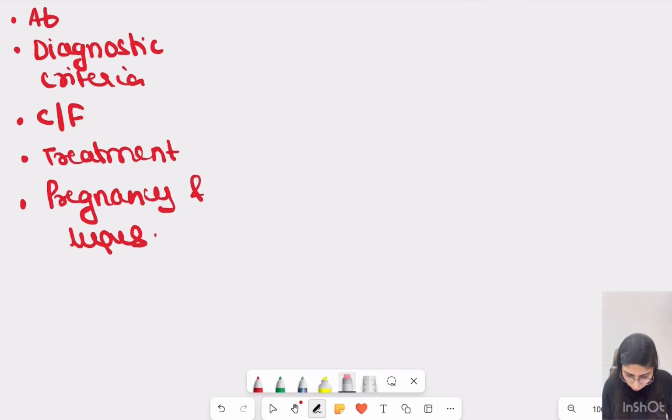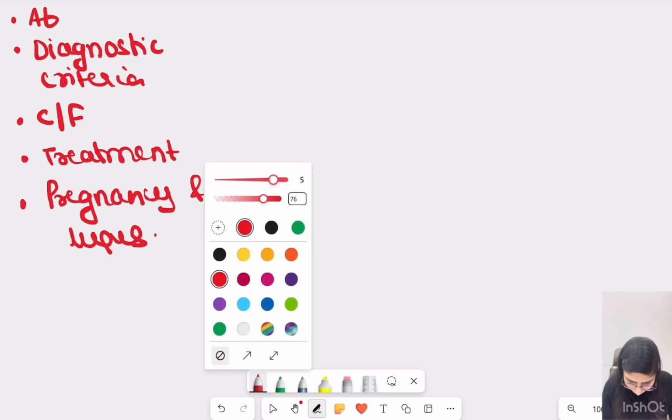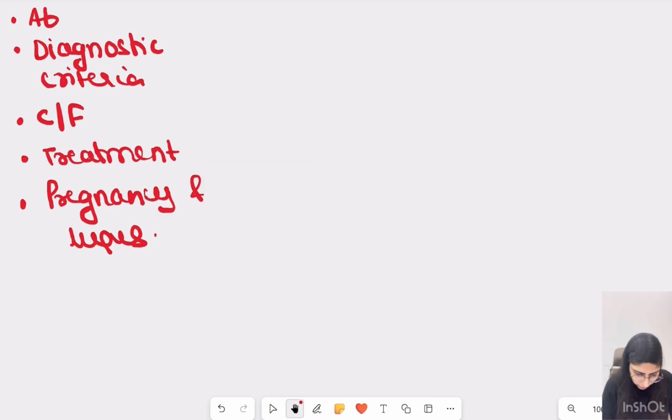We all know that SLE has one most common antibody, which is ANA, anti-nuclear antibodies. Let me just decrease this a little bit. Let me choose black. And let's start.